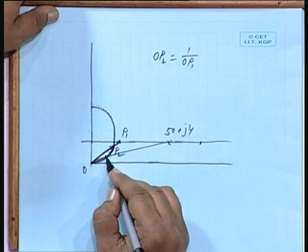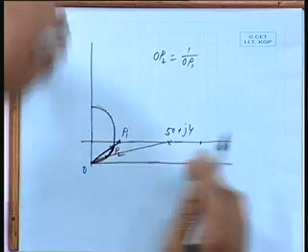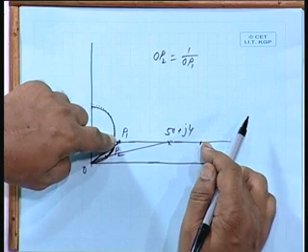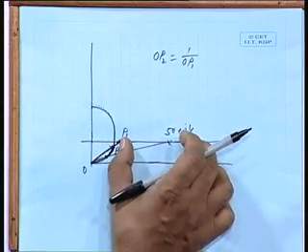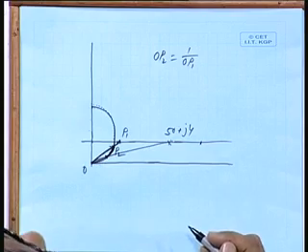So, this is the portion which represents that segment, 5 to 50 of the resistance plus j4. Okay. So, this is represented by this segment, inverse of that is represented by this segment.